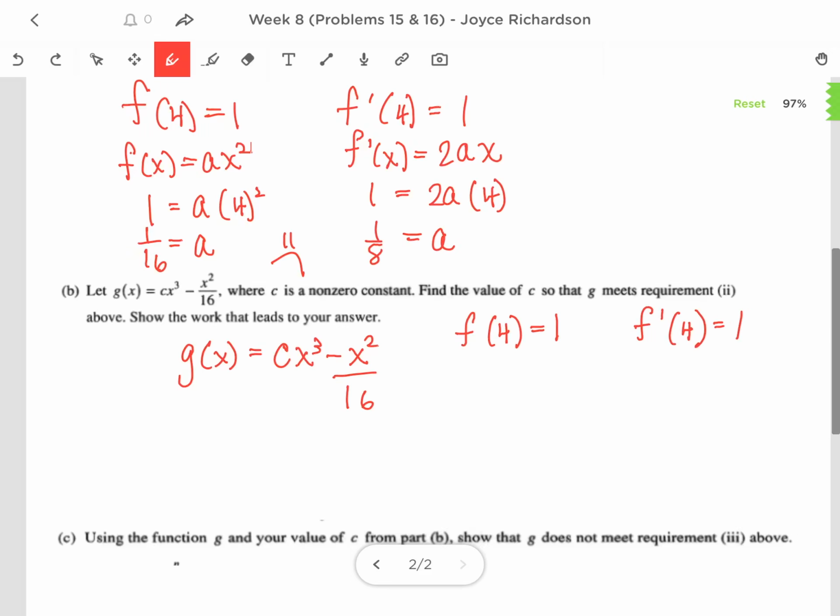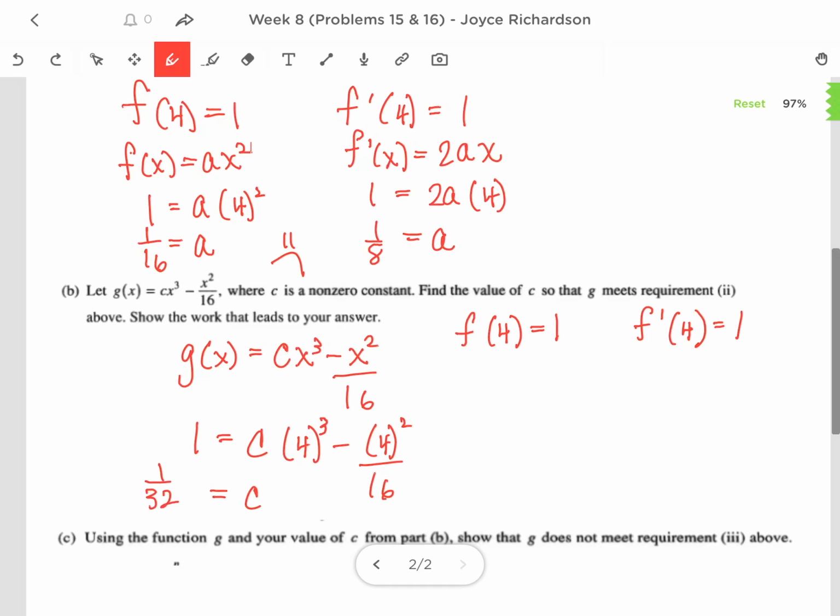So I better go and find 1 is equal to c times 4 cubed minus 4 squared, over 16. And if I do that math, I believe I will get c equals 1/32.